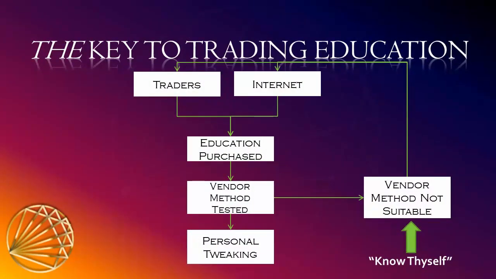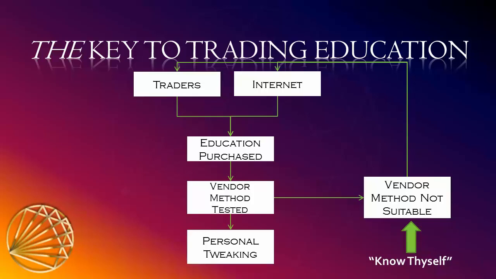So let's look at a new flowchart that involves this point that we've learned about knowing ourselves. This new flowchart starts at the top with two sources of information to point us in the right direction. We're not just taking information from the internet, but more importantly, we're now asking other traders their opinion on where we should be educating ourselves. Talk to other traders.